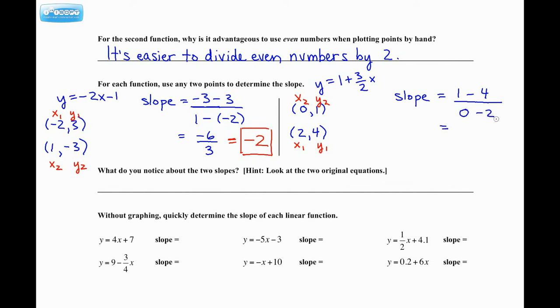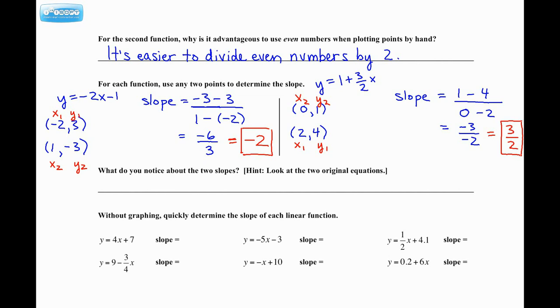Okay, so 1 take away 4 is negative 3. 0 take away 2 is negative 2. This fraction is not reducible. However, a negative divided by a negative, well, we just get a positive answer in the end. So the best I can do is 3 over 2. So the slope of that is 3 over 2, or 1.5.